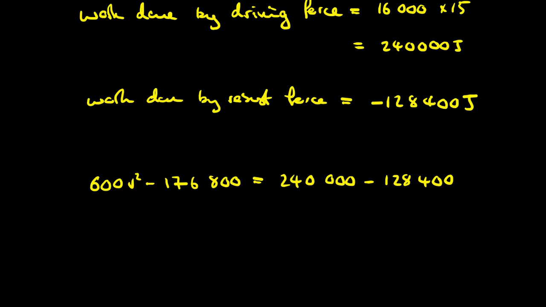So then what we've got to do is resolve this. I'm going to have 240,000 minus 128,400, and then I can add on to that the 176,800. I'm going to get that my 600 v squared should be 288,400.